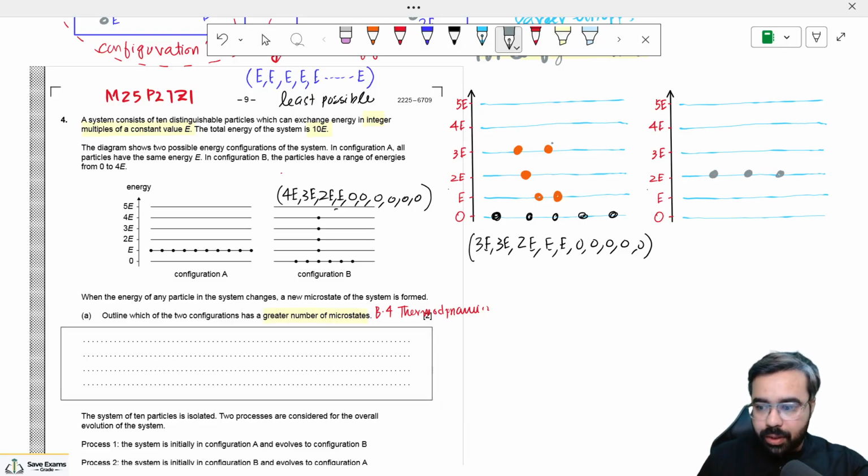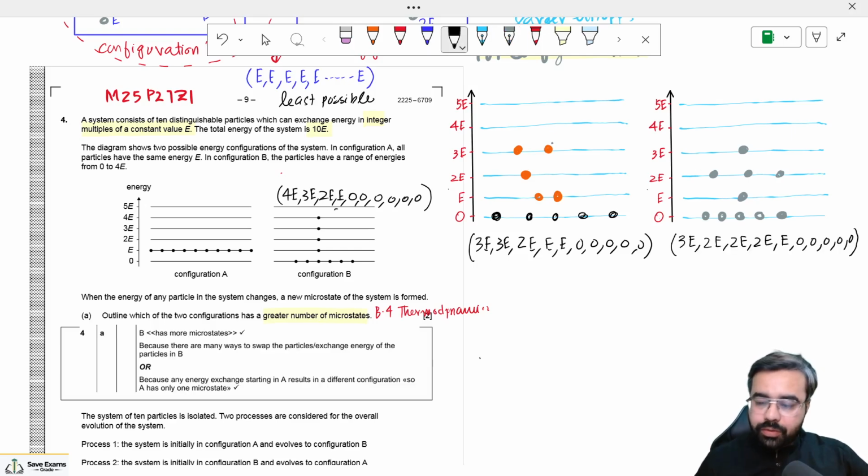So total is 3e. One particle is here, 9e, one particle is here, 10e. It means now we have how many? 1, 2, 3, 4, 5, so 1, 2, 3, 4, 5. So there are a total of 10 particles. I have adjusted them. This is another combination. So now you understand that configuration B has more microstates.